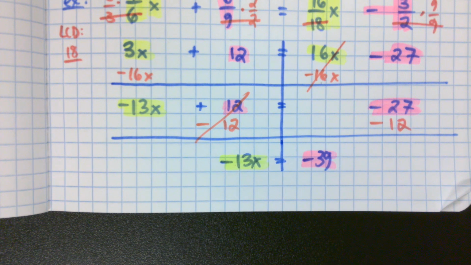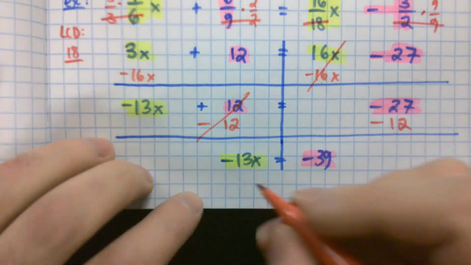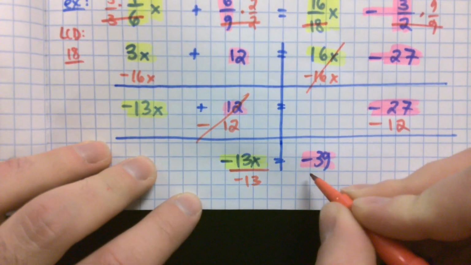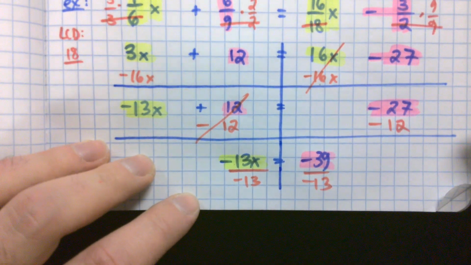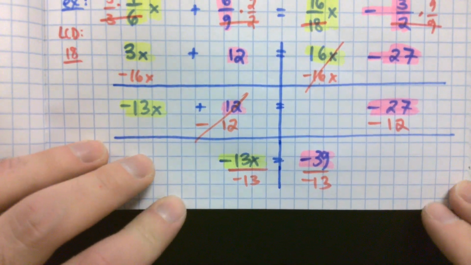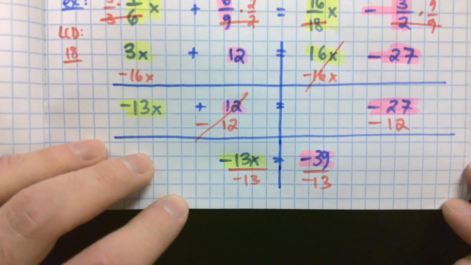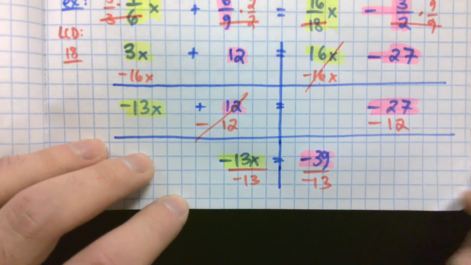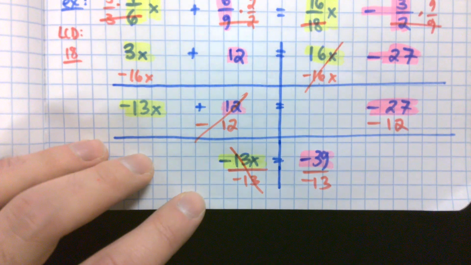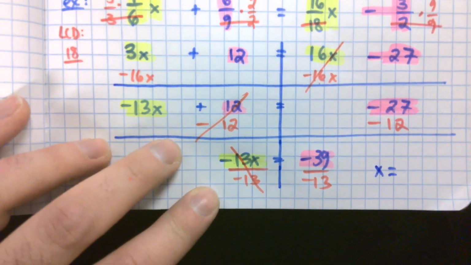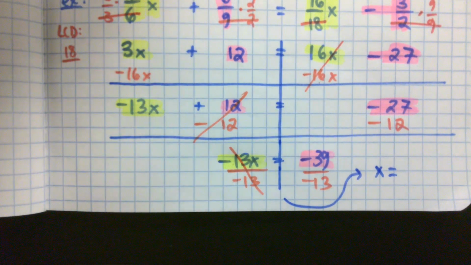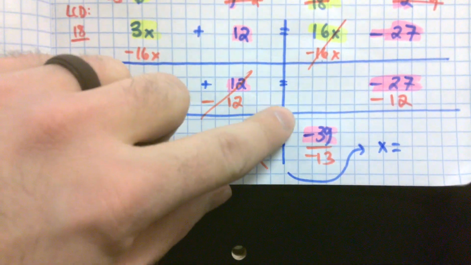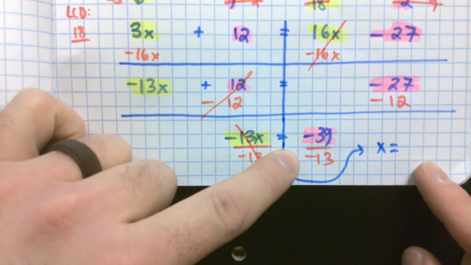By what? Negative 13. We're going to divide both sides. The 13s on the left cancel out, leaving me with x equals, I know my negative over a negative gives me a positive.